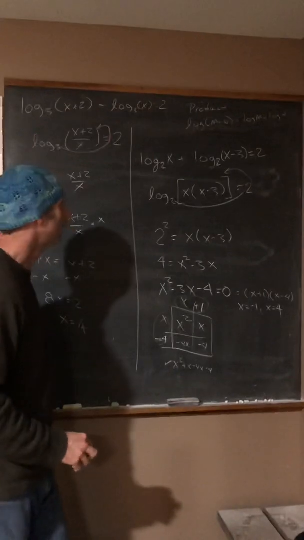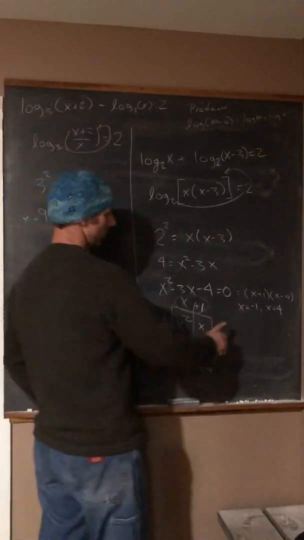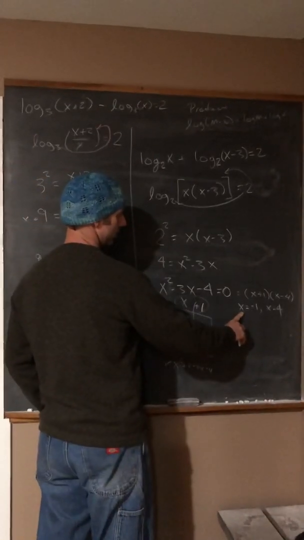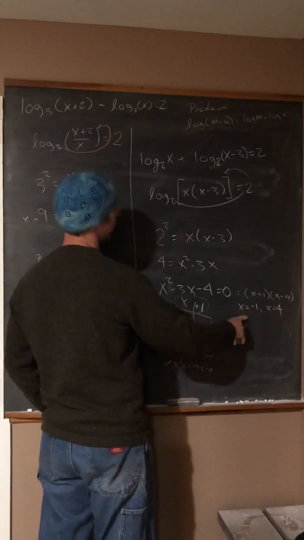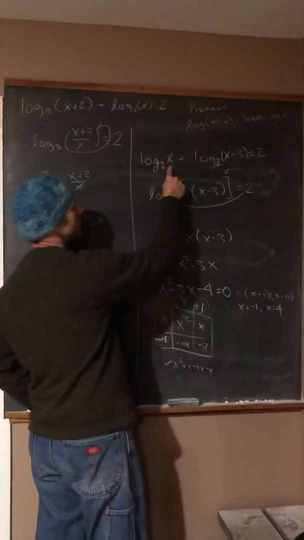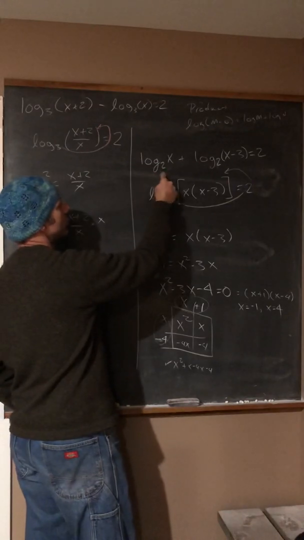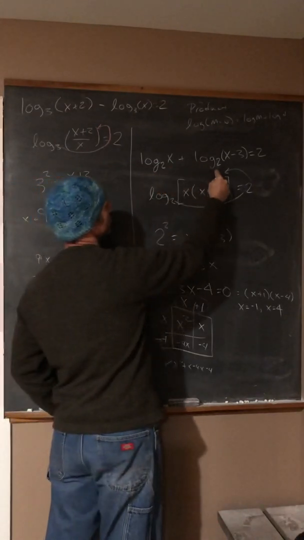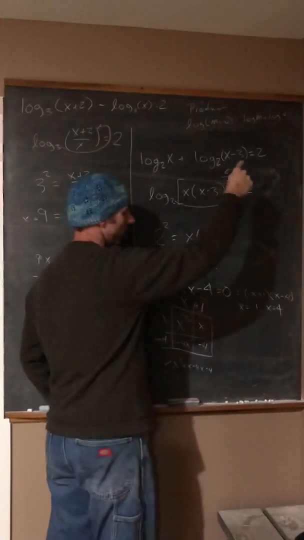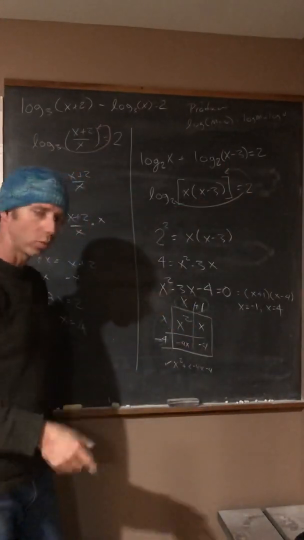Okay. So, take a look at these answers. If I put negative 1 into this equation right here, I would have log base 2 of negative 1 plus log base 2 of negative 4. That doesn't work.